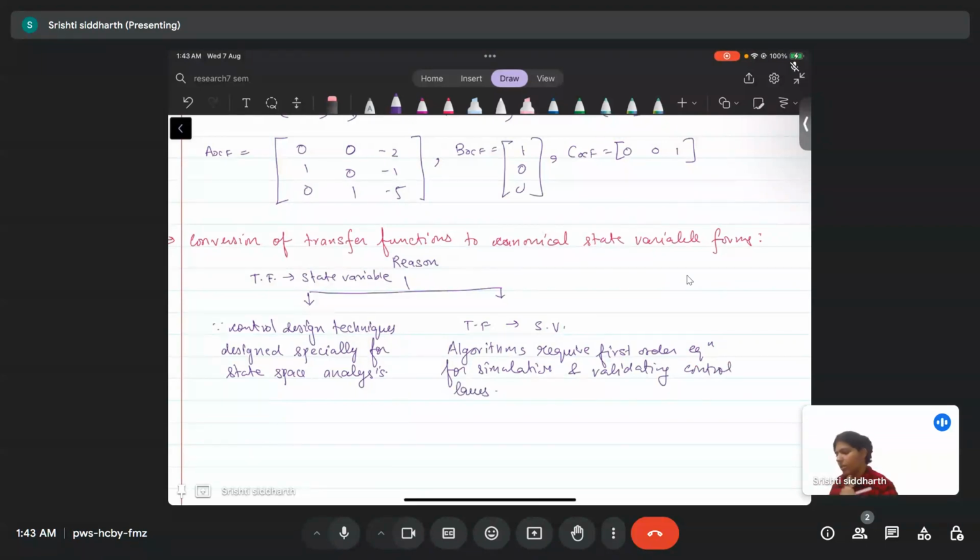So now we know the reasons for converting transfer functions and differential equations to state variable forms.